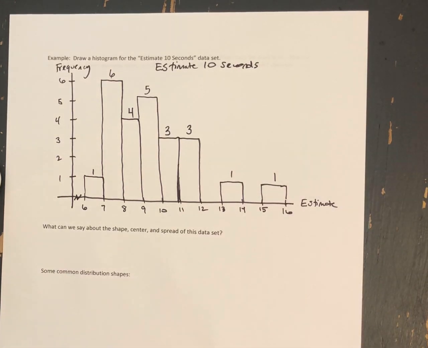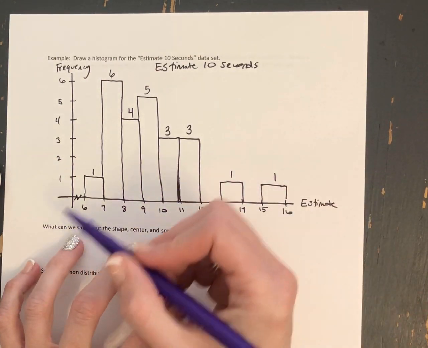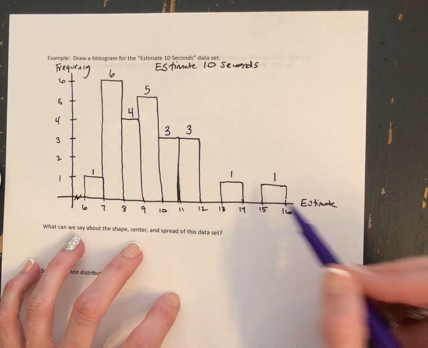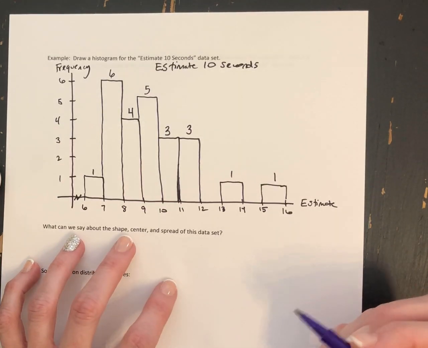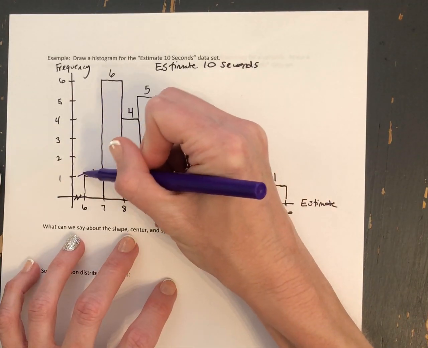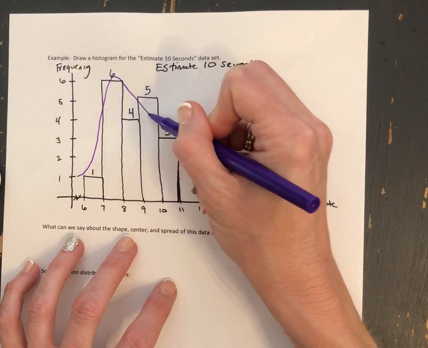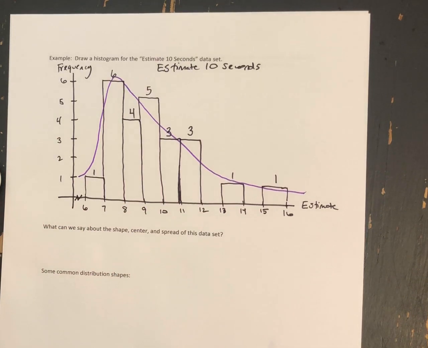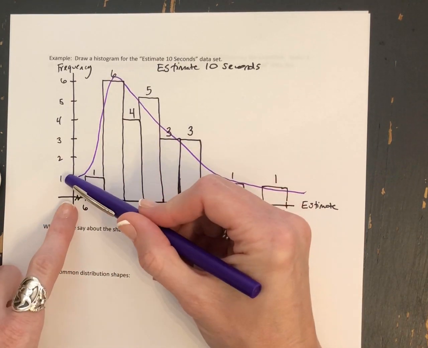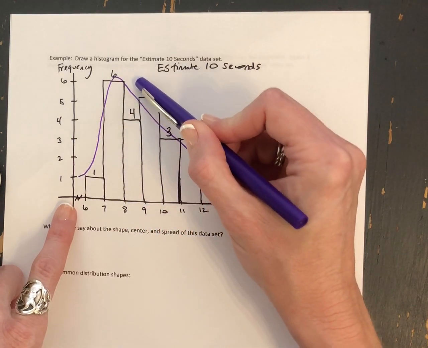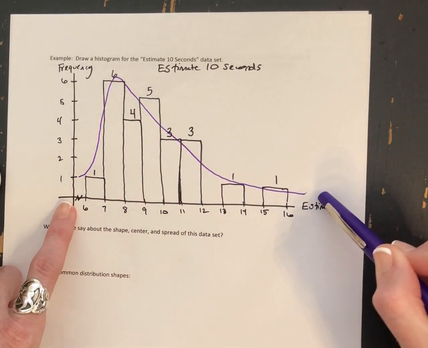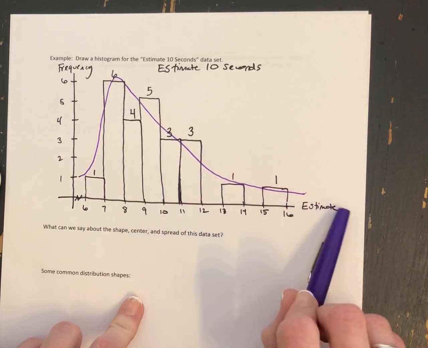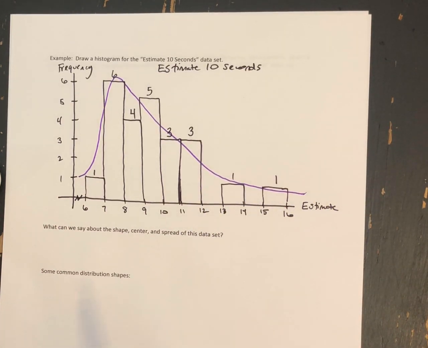One thing I want you to notice that we're going to be doing a lot in future chapters is trying to get an overall idea of the shape of this distribution based off of its histogram. So if we try to fit a smooth curve that goes with this, you can tell there in purple that this one looks like it's got a low point and then a peak, and then gradually tails off as we go off to the right, to the larger values.